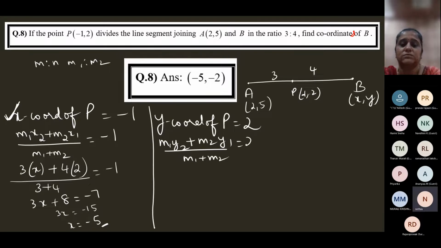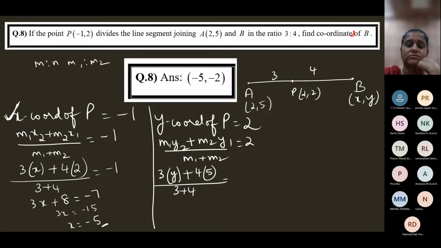Now what's M1? 3 plus 3 into y plus 4 into 5 by 3 plus 4 is equal to 2. Yeah, so 3y plus 20 is equal to 14. 3y is equal to minus 6. Y is equal to minus 2.